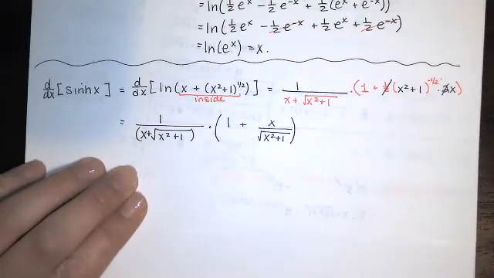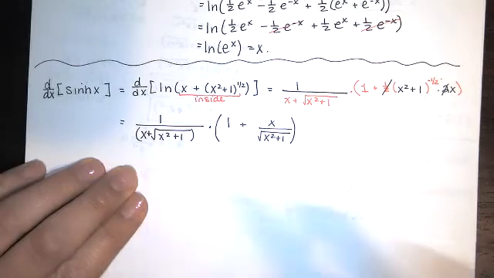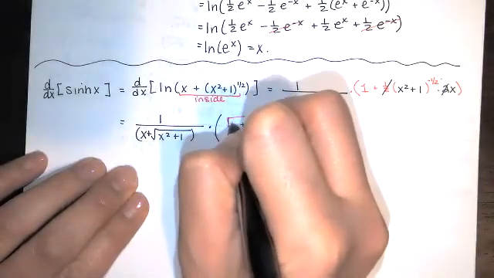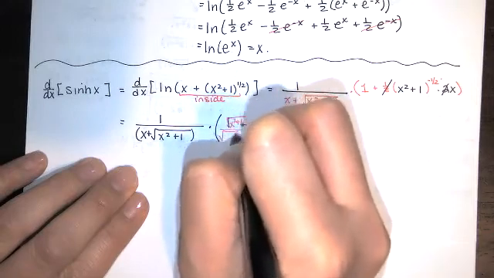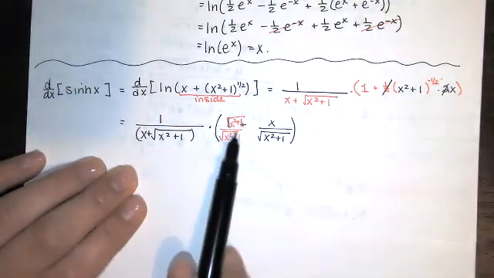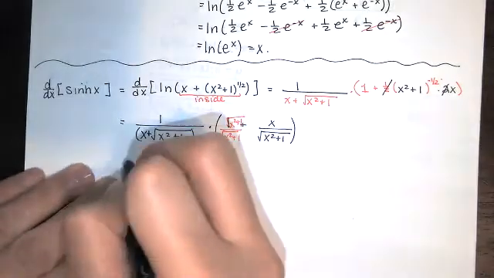Now, one way that we can simplify this is to get a common denominator here and then just distribute. So I will write this 1 as a square root of x squared plus 1 over a square root of x squared plus 1. And that's actually pretty cool, because then we've got something up here and that reduces.